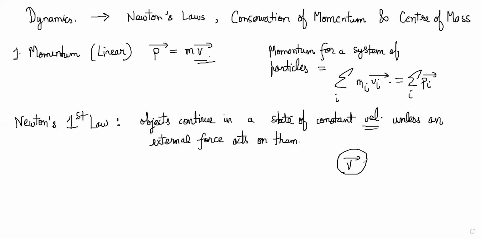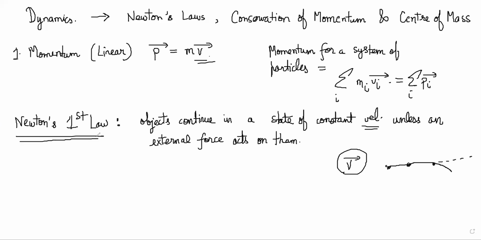So a change in direction would also count as a change in velocity, right? So even if a particle goes with the same speed but changes its direction, then that also counts as a change in the velocity. And therefore, some force must have been acting on the particle in order to make it turn like this. Otherwise, it would have continued straight, right? So that is the idea.